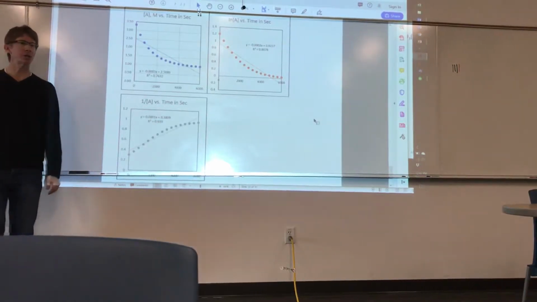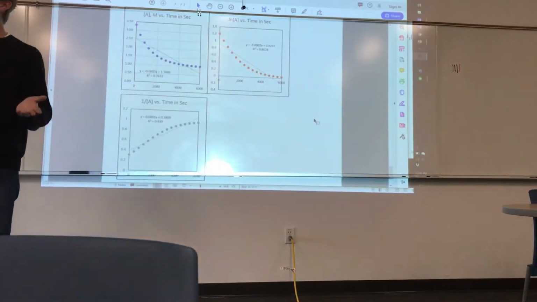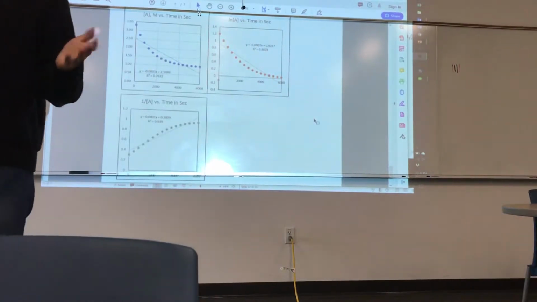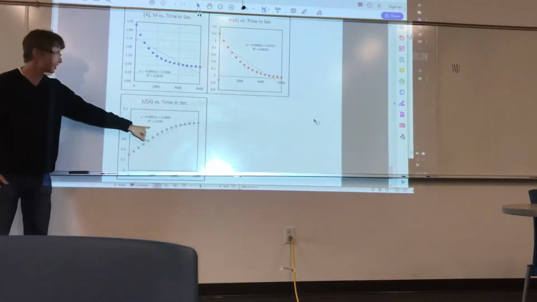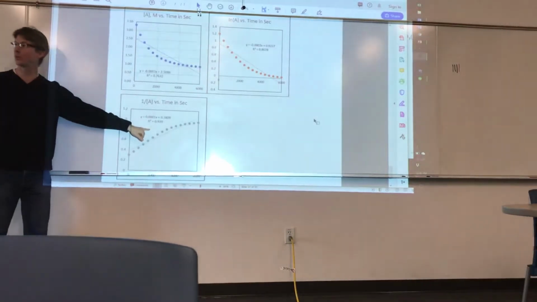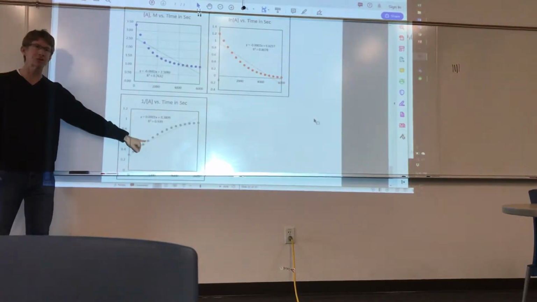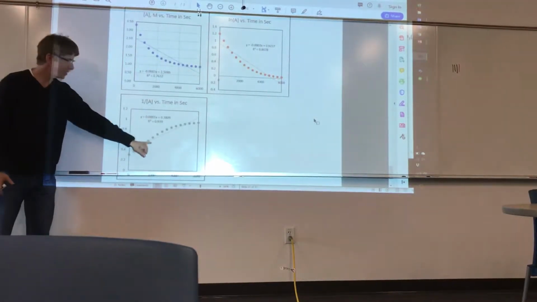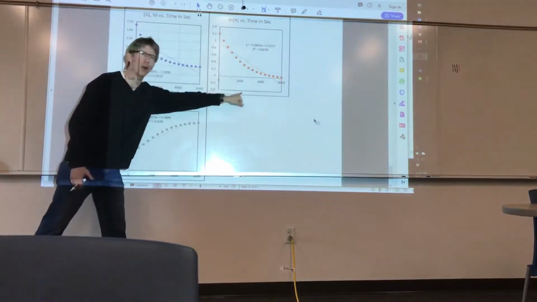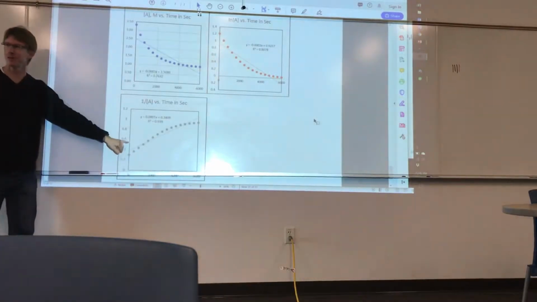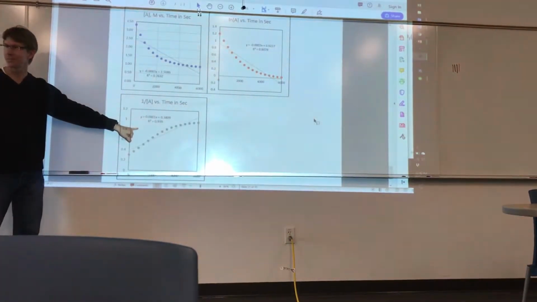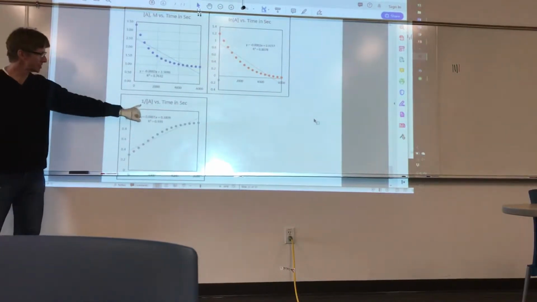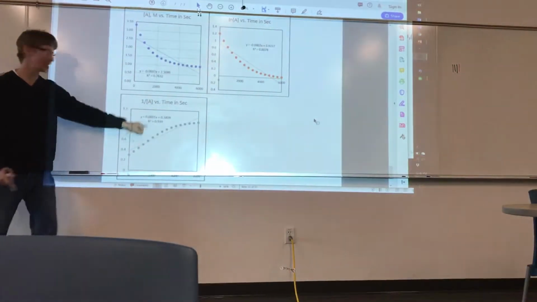It is 2nd order, and your process could go something like this. I know that the one that has the highest R squared value is the one in which the line most closely fits the data. I'm not sure why none of these fits very well, but your first thought is, this is the highest one, 2nd order, because this is 1 over concentration versus time.